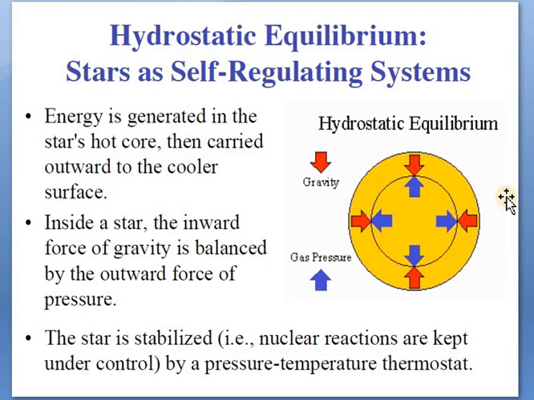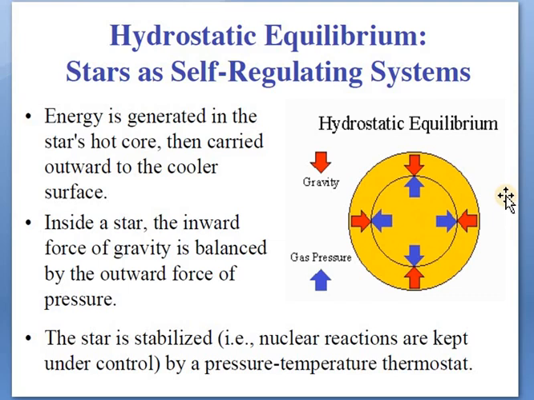Before I start, let me recap a little bit about hydrostatic equilibrium. We know that the energy is generated in the hottest zone of the star, which is the central part, and then it is slowly carried outward to the cooler surfaces.